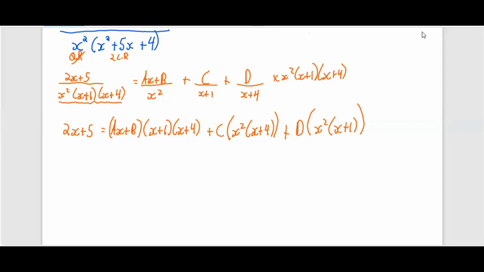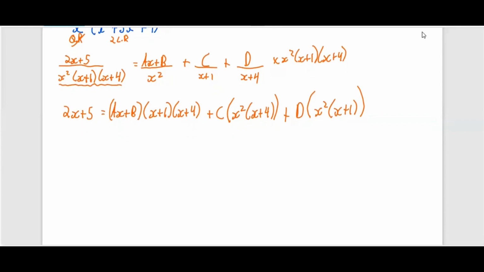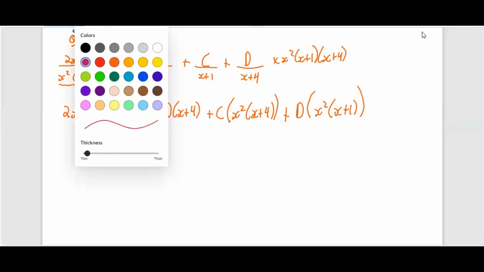So nice. Now we could use a mixture of the methods. I'm going to check to see if I can actually get one to disappear. So let's see.